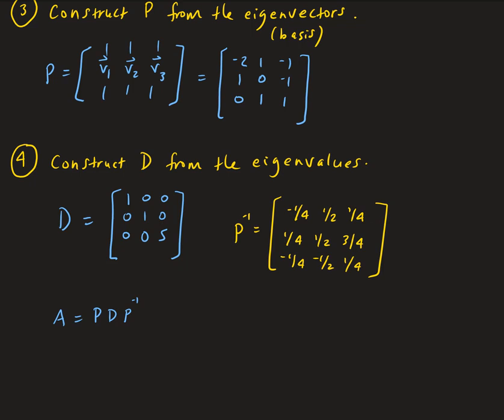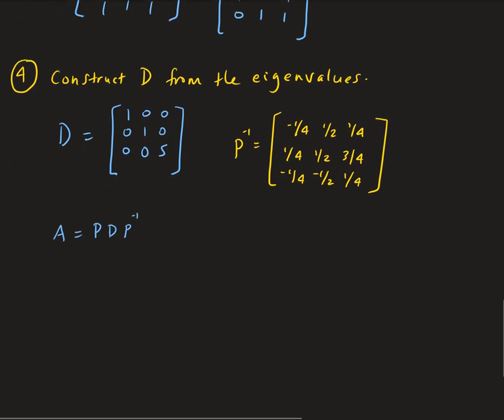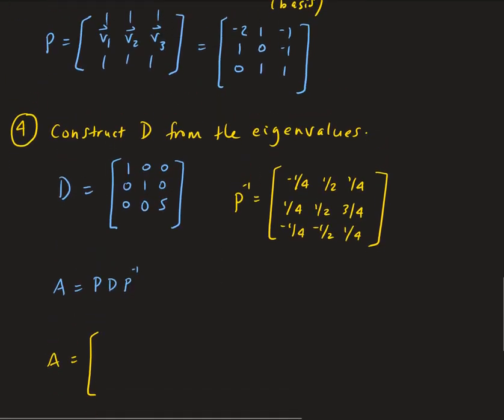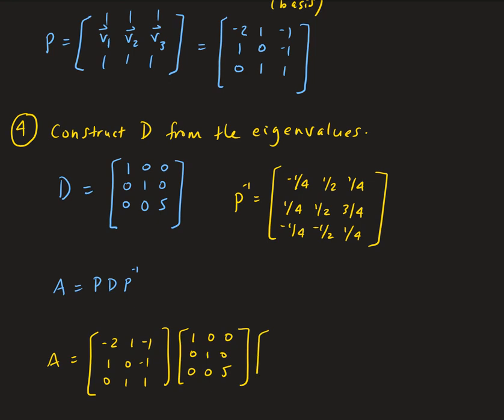So we know P, we know P inverse, we know D. We should be able to check that A can be written as P, which is minus 2, 1, negative 1, 1, 0, negative 1, 0, 1, 1, times D, which is 1, 0, 0, 0, 1, 0, 0, 0, 5, times P inverse.